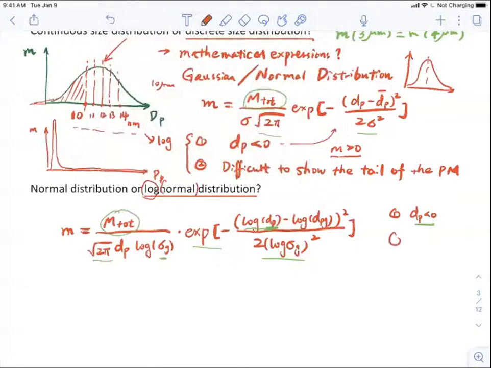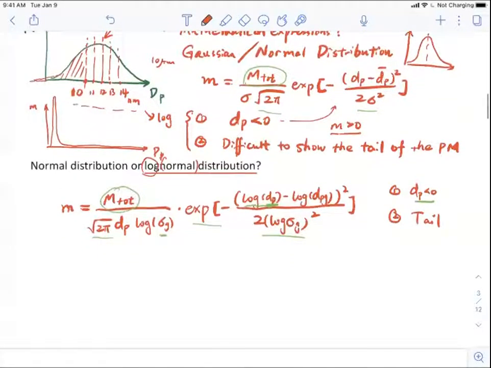So the second thing, right, about the tail. The advantage of using log normal size distribution is that now we can show particles of 1 nanometer, 10 nanometer, let's say 100, 1000 nanometers, or 1, 10, 100, 1000 micrometers, everything onto this same plot.